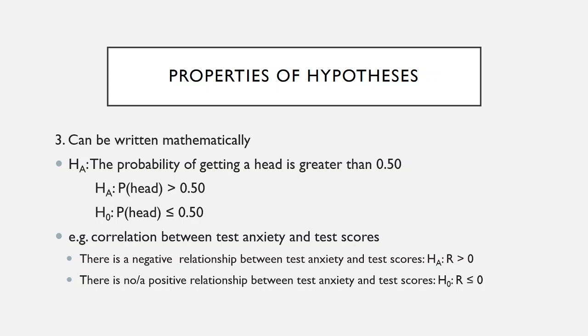So again, you can use this same notation framework, and you just need to change a little bit what's written into your notation. If you're predicting a negative relationship between variables, you want to specifically notate your alternative hypothesis as predicting that you will get an R that is greater than 0. Less than 0, sorry.